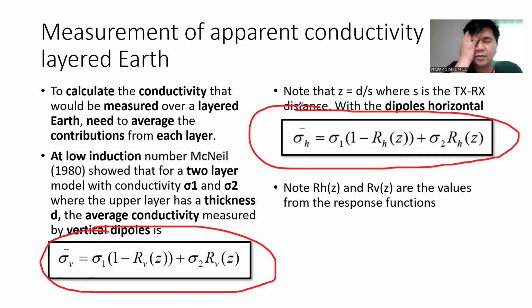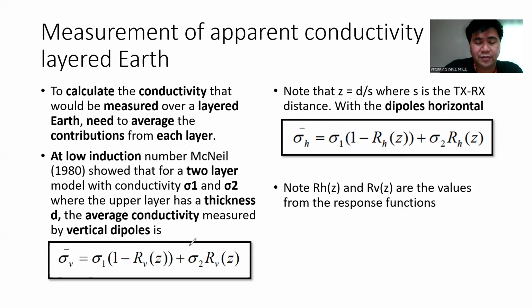Okay. But it's a lot more complicated to do compared to resistivity because as you can see here, the apparent resistivities, you also have to consider the response functions. Okay, so this is a complicated equation. I'm not gonna delve into that.